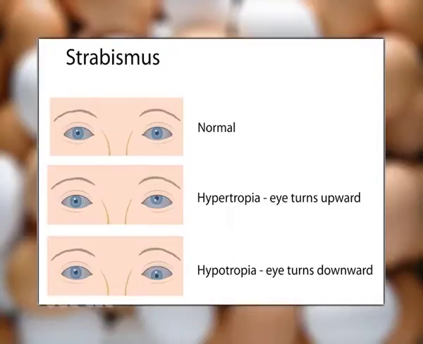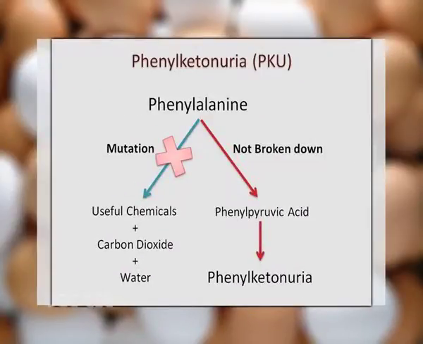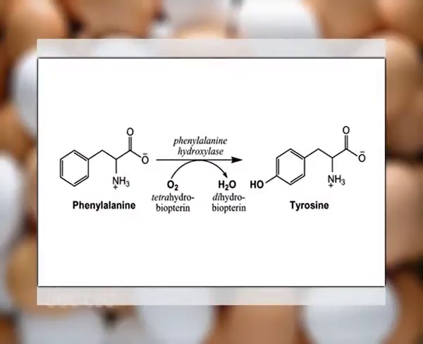Phenylketonuria, a common example of pleiotropy, is a human disease that causes mental retardation and reduced hair and skin pigmentation, and can be caused by any of a large number of mutations in the single gene on chromosome 12 that codes for the enzyme phenylalanine hydroxylase, which converts the amino acid phenylalanine to tyrosine.